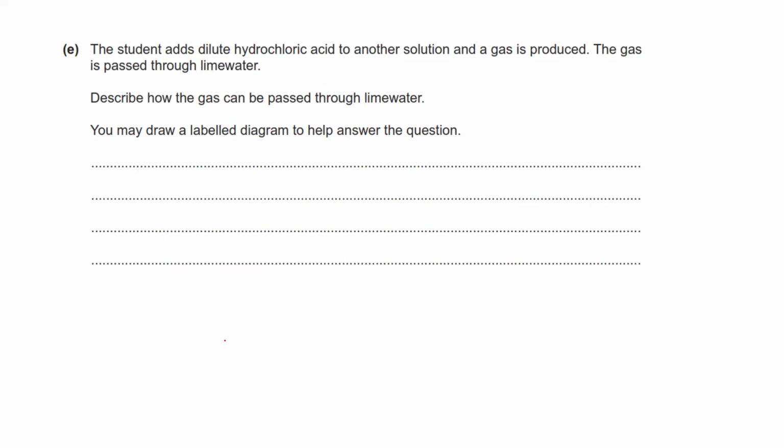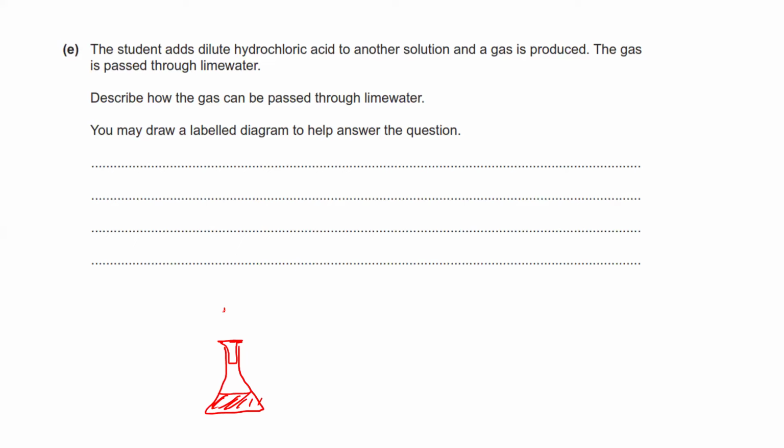Okay, so let's see. We have a conical flask. Pardon my drawing here, I'm trying my best to draw it. Say, for example, this is your conical flask. This is your solution. This is your rubber cork that is holding it.